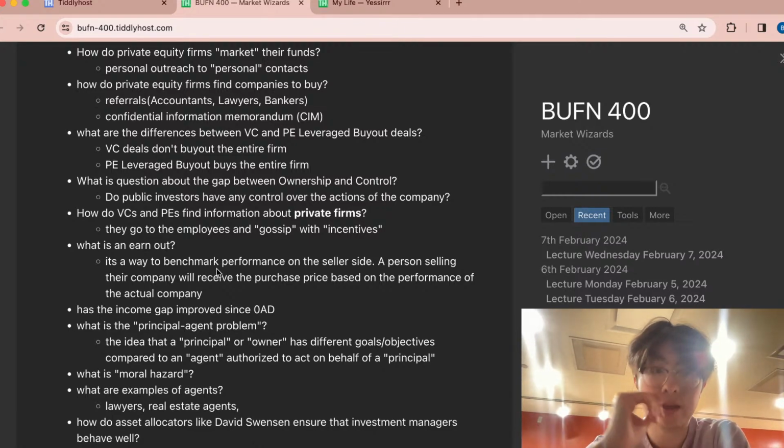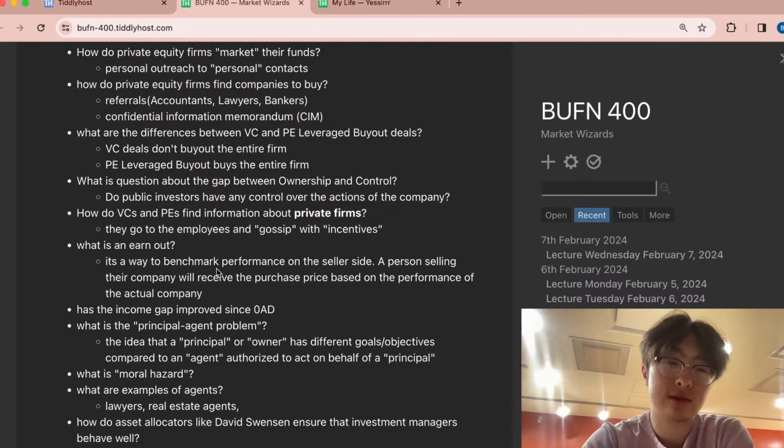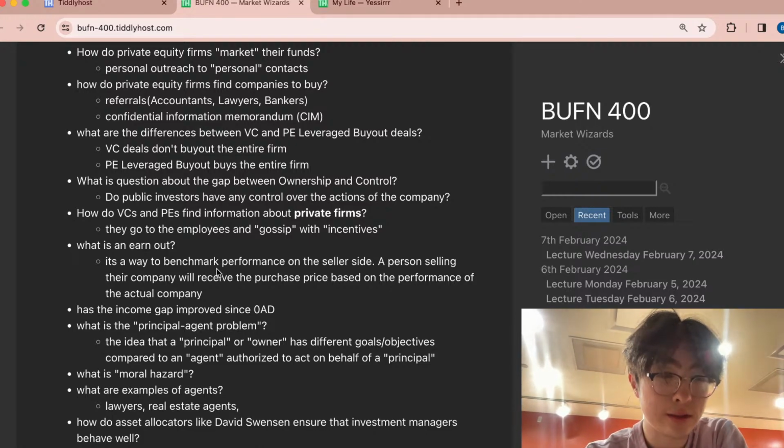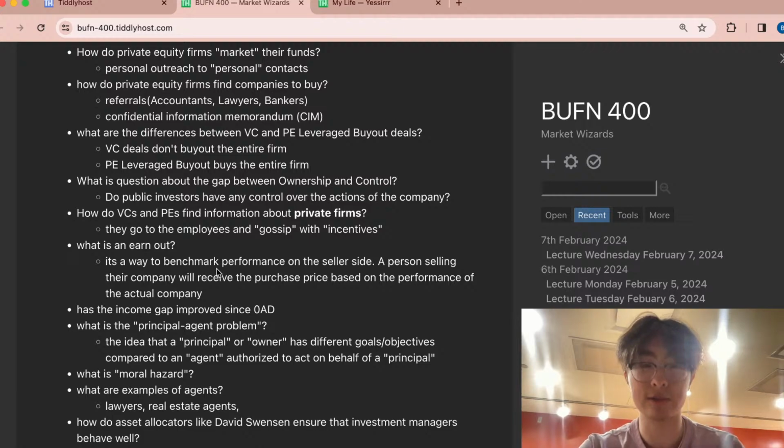Carried interest, how might carried interest harm incentives? Oh, yeah. This is a good bullet point actually, because you might think that if David Swensen is really focusing on carried interest as a way to incentivize managers, it's probably the best thing that can happen. There's no drawbacks.